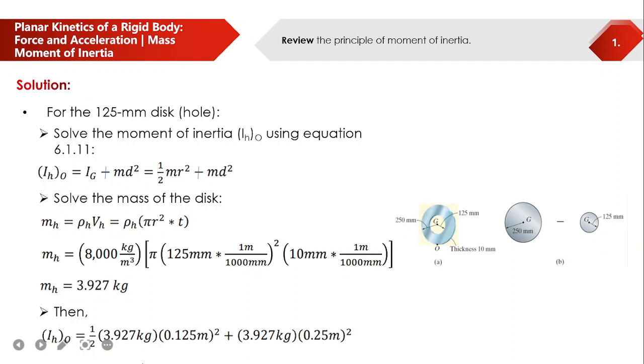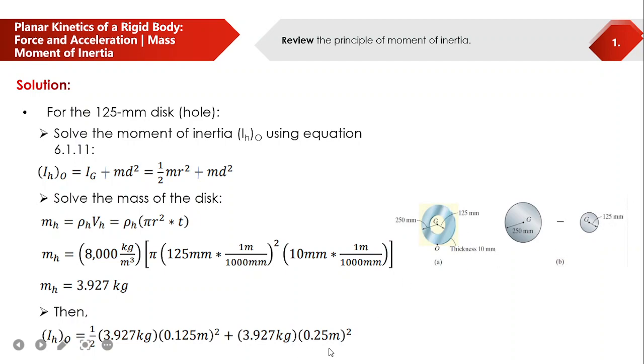So, note class na yung 0.125 is the radius of the hole. And 0.25 here is the radial distance again from the point O to the center of mass. Although hole lang siya, pero meron din siyang contribution from the point O since it's the hole itself na nasali when computing, right? Hole.